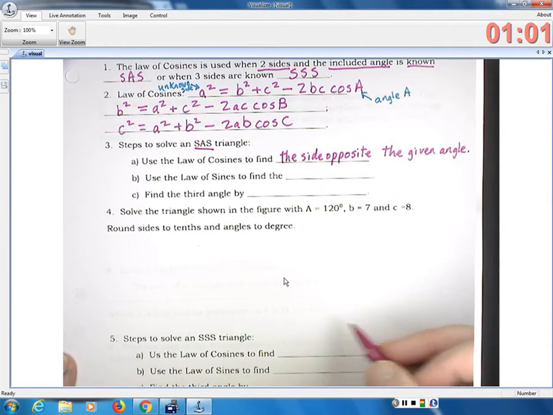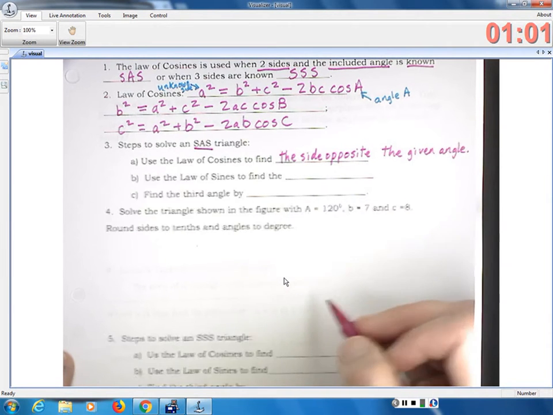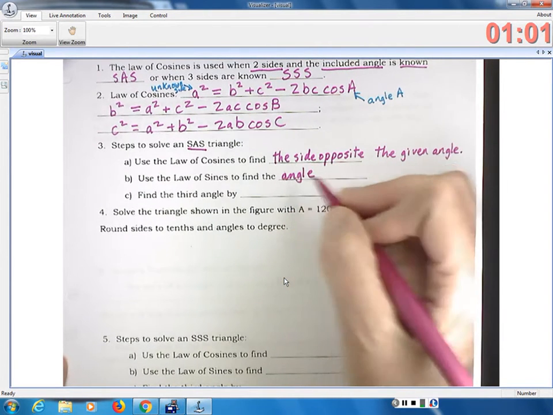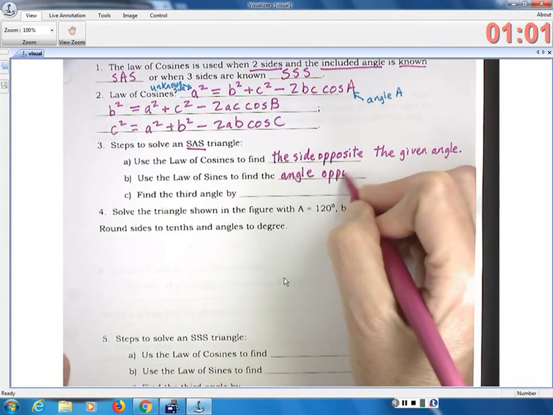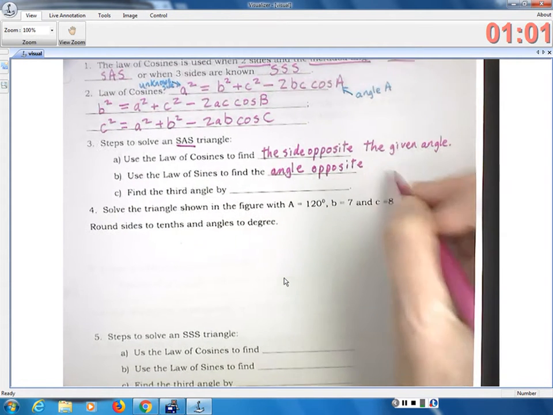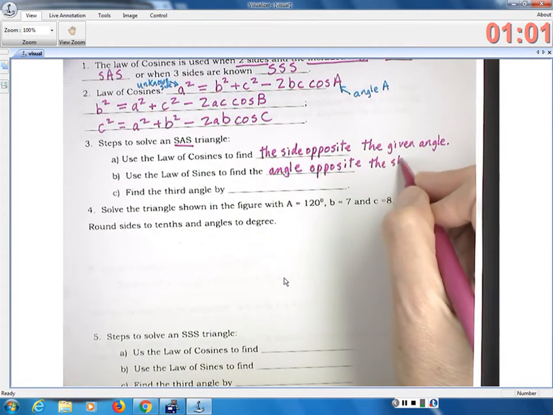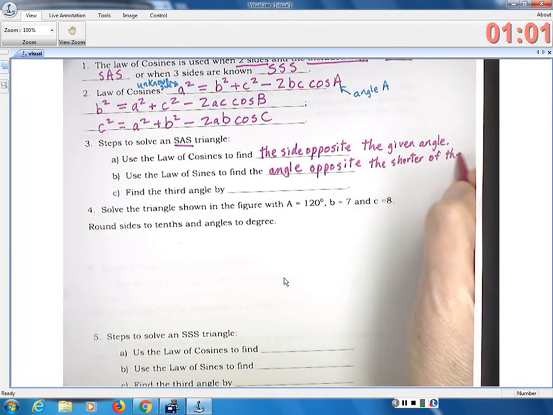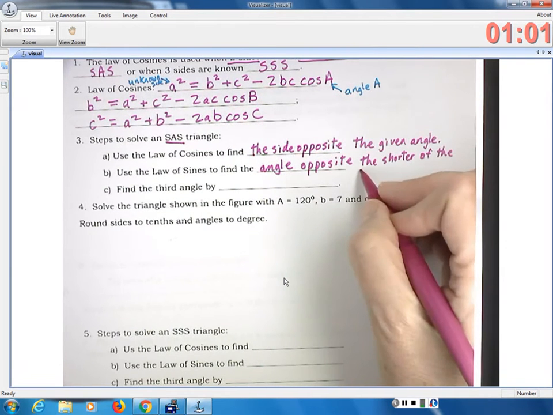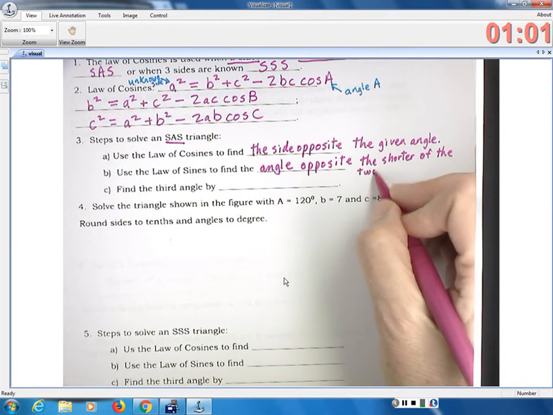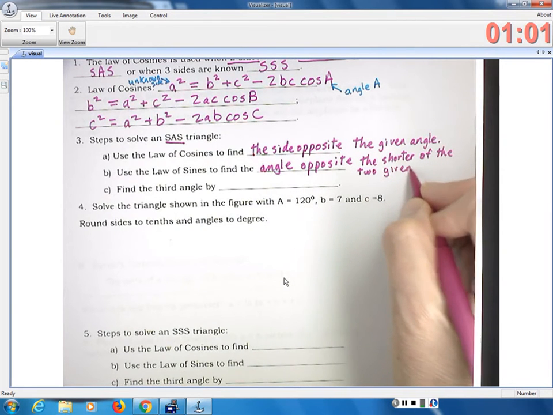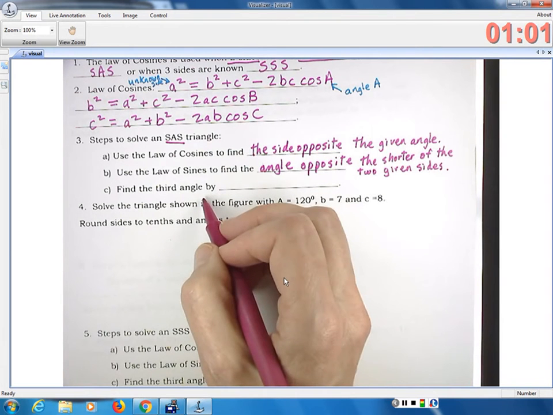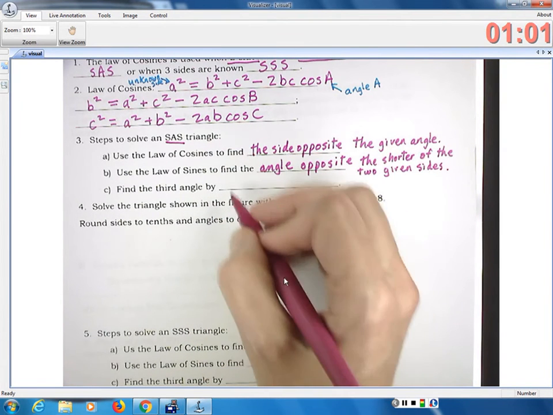Then use the law of sines to find the angle opposite the shorter of the two given sides. And find your third angle by subtracting the two angles from 180.